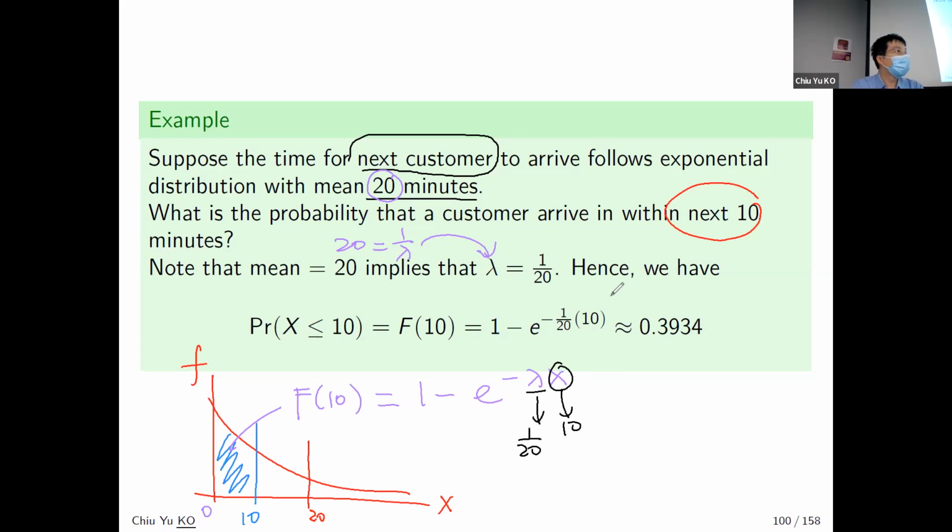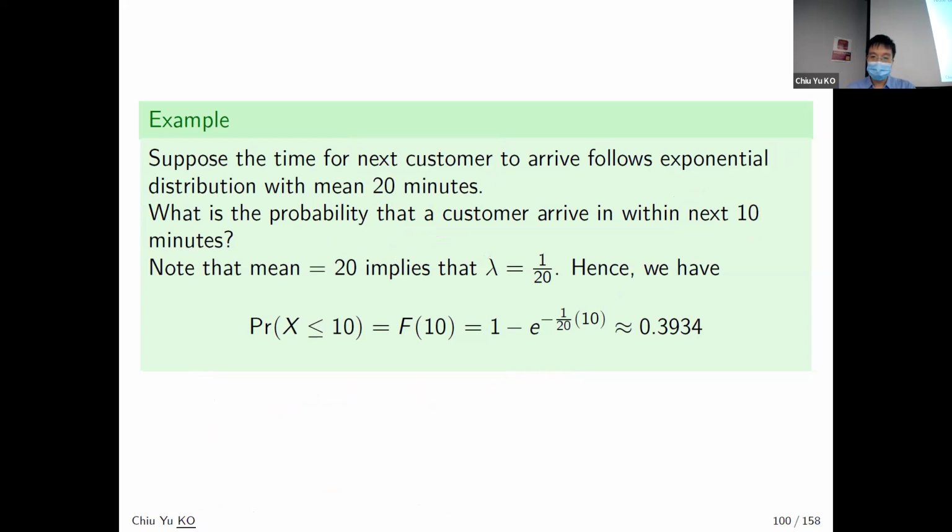Is that clear? There's nothing very deep here, except applying it. And I told you that if you believe memoryless is a good thing, exponential is the only choice you can make. Is that okay?